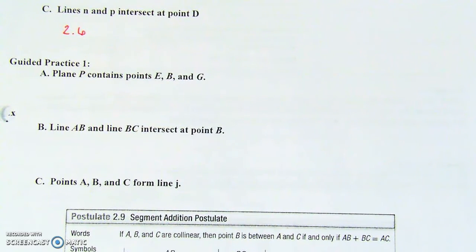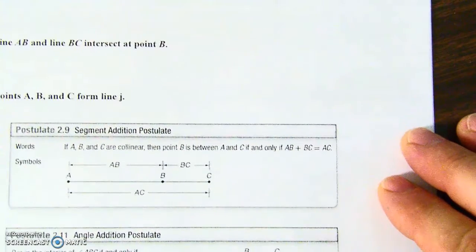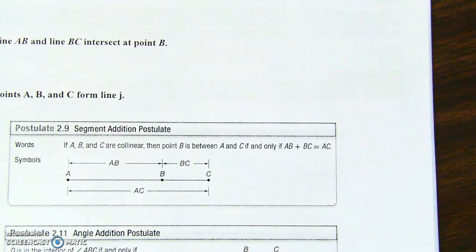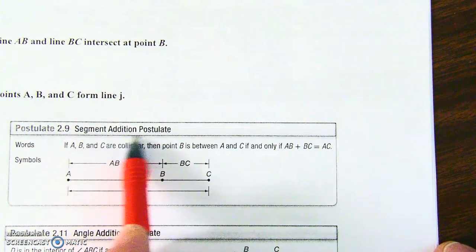Now we're going to add 2 more postulates here, postulate 2.9 and 2.11, dealing with proofs. We're almost done here. Now we've got the segment addition postulate.